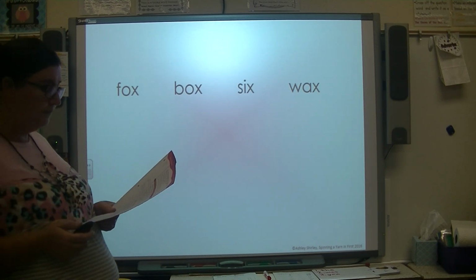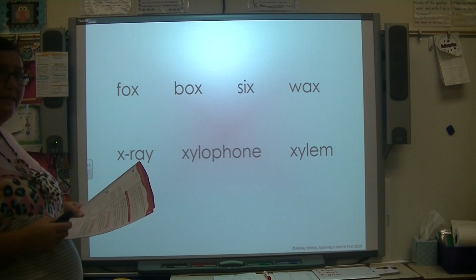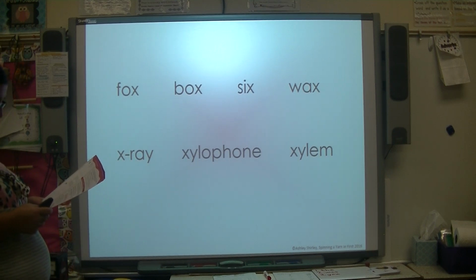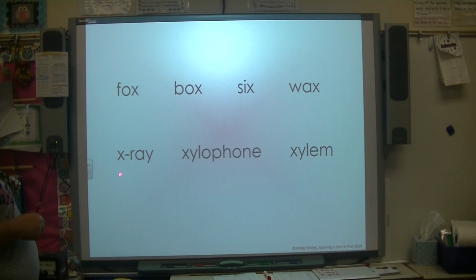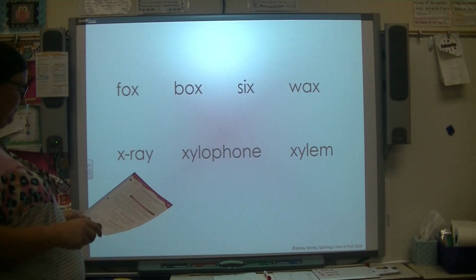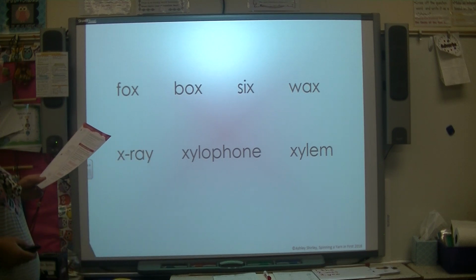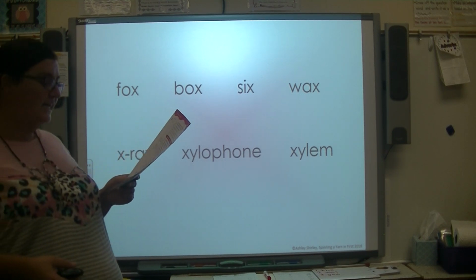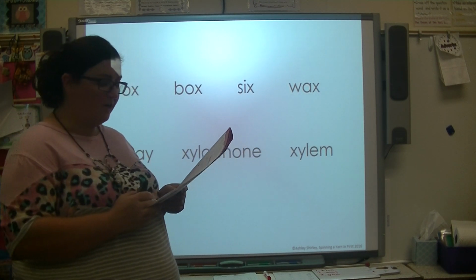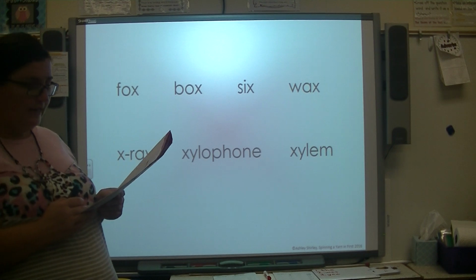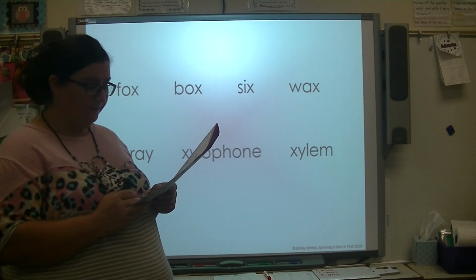Very good job. Now, look at these words and listen to them. X-ray, xylophone, xylem. When X is found in the beginning or initial position of the word, it usually makes the Z sound, like in xylophone.